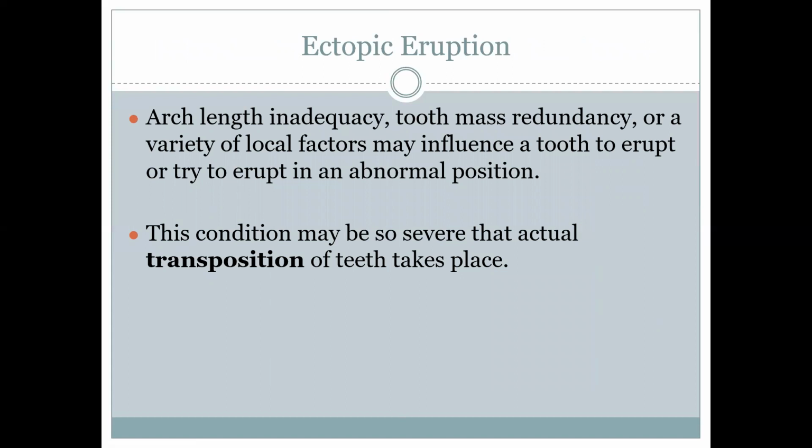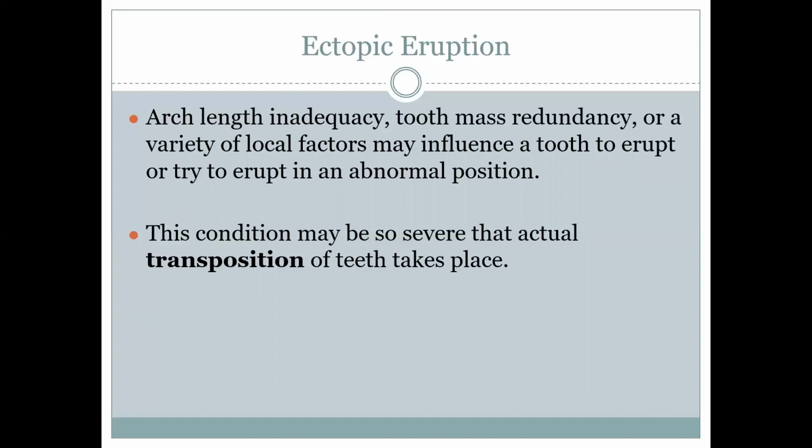So a word about arch length inadequacy and tooth mass redundancy. A variety of local factors may influence a tooth to erupt or try to erupt in an abnormal position.